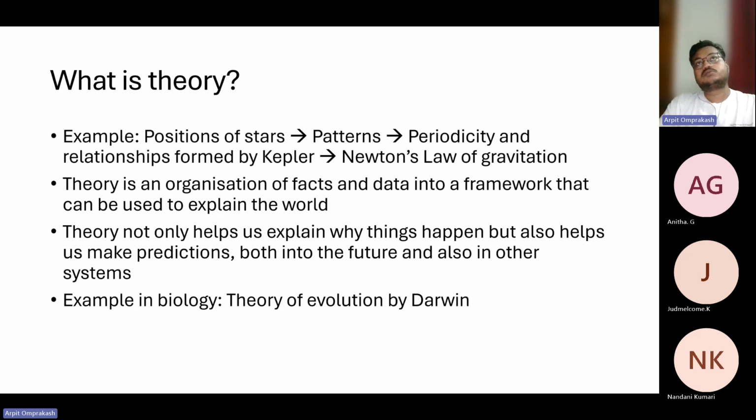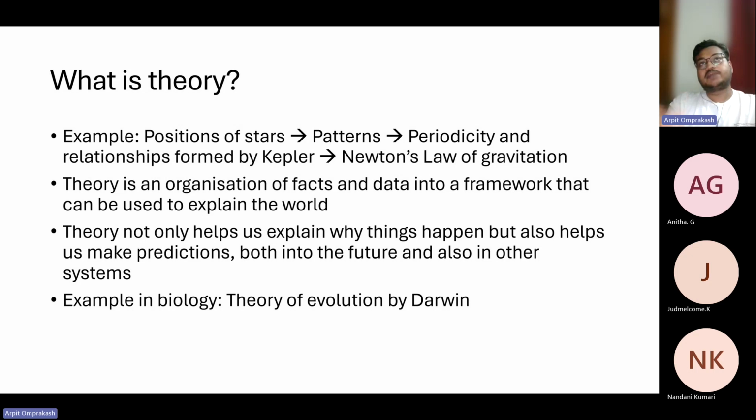So basically, due to Newton's law of gravitation, which was the theory that Newton gave, one could explain the periodicity and the relationships that Kepler formed, and one could explain and even predict the patterns that were seen in the sky. Right.